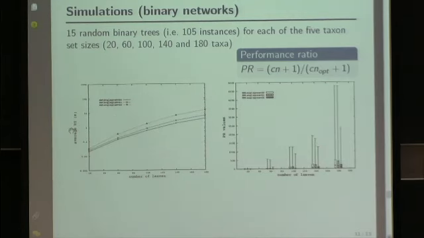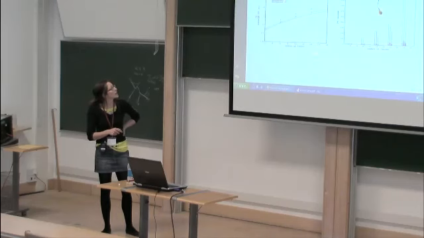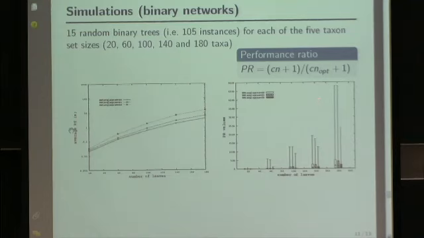Then we also did some simulations on networks. Here we have three variants of our algorithm that I don't have time to explain, but they are still pretty good. In the case of networks, sometimes we have instances where the crossing number is really high.